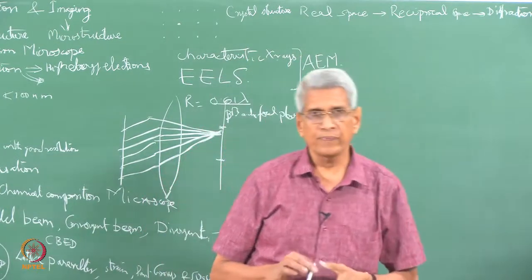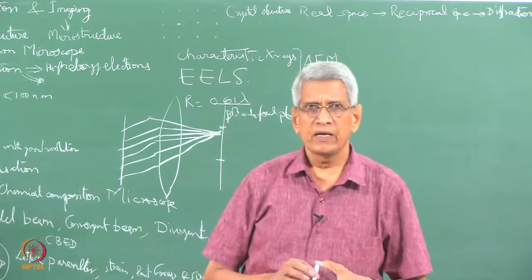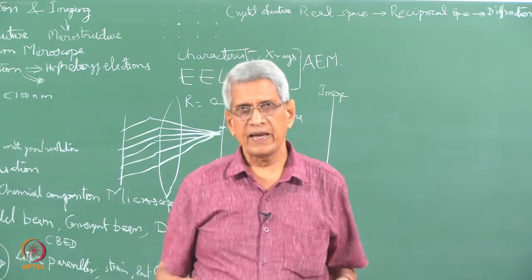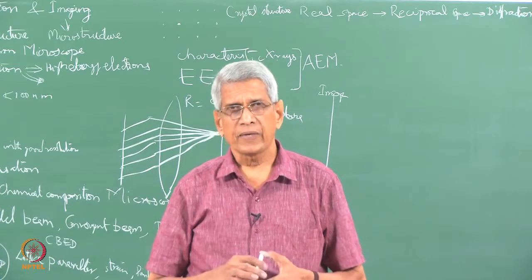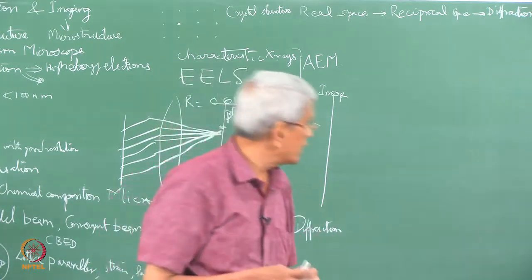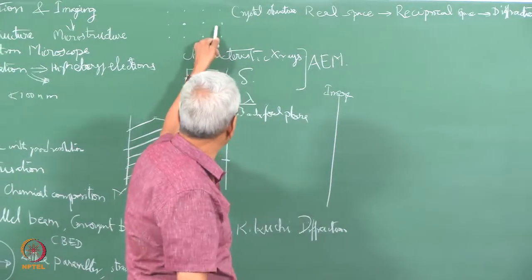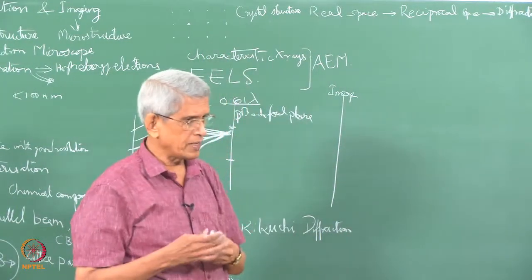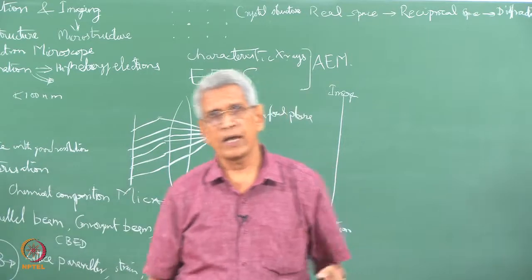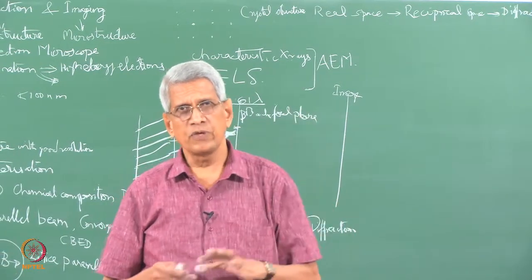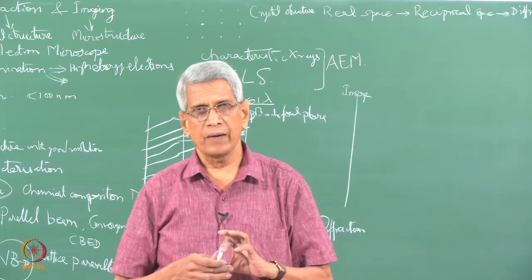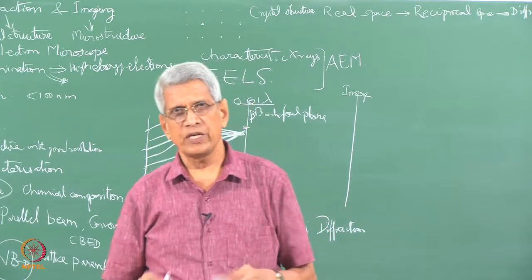Within those 7 classes, we have 14 types of Bravais lattices possible in 3 dimensions, and around each lattice point of these 14 Bravais lattices, we can put different types of motifs. These motifs can have specific symmetry associated with them.